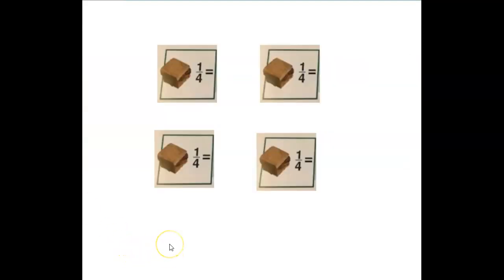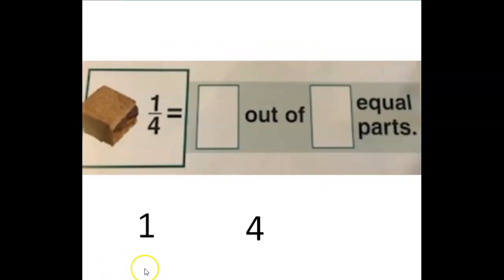The second sandwich was cut into 4 equal parts. To write this out or explain it to a friend, you could say 1 out of 4 equal parts.